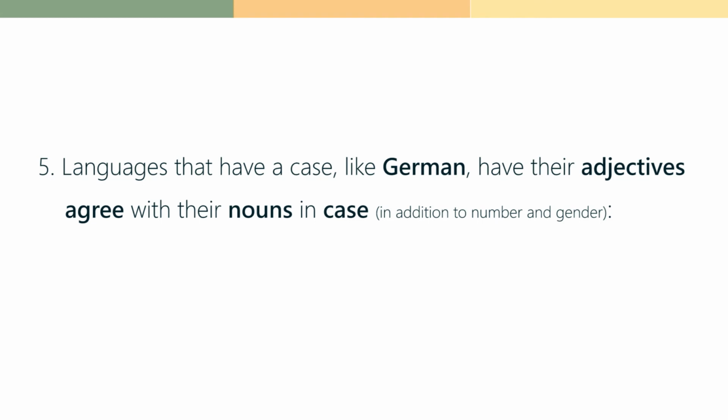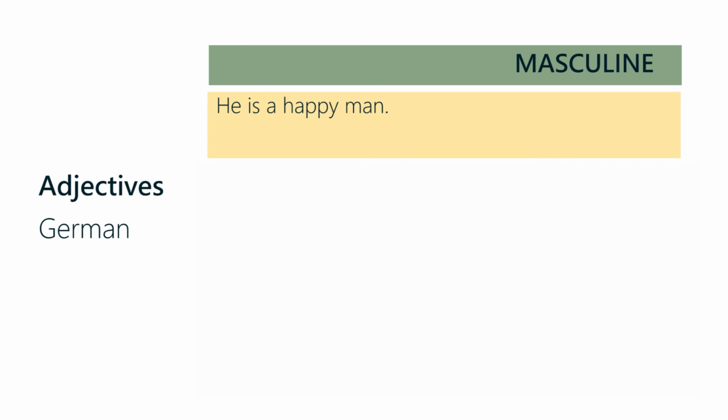So some languages mark their adjectives even by number, but also by case. For example, German. Okay, let me give you some examples and walk you through them. He's a happy man, er ist ein glücklicher Mann.